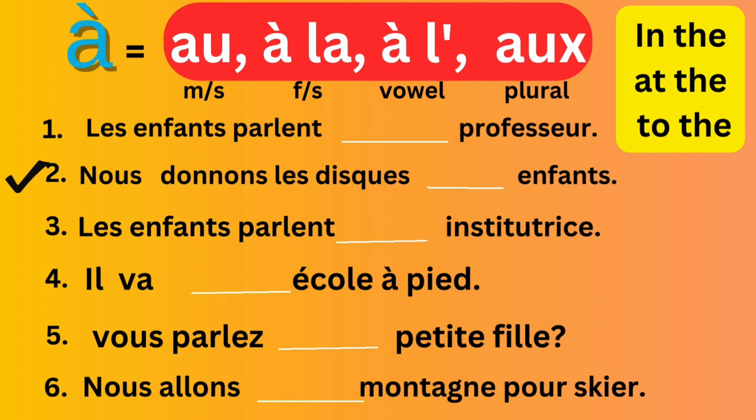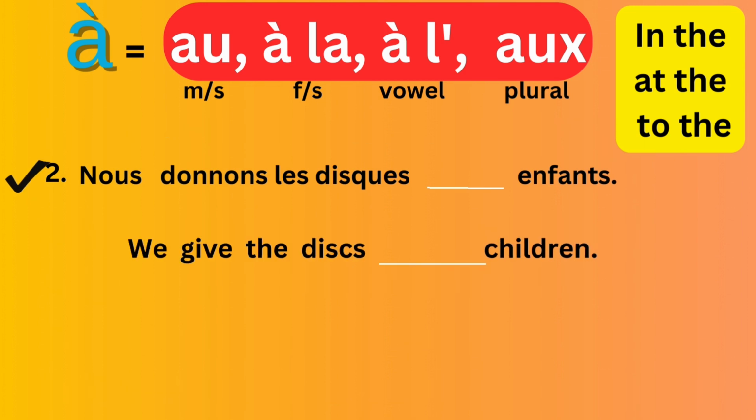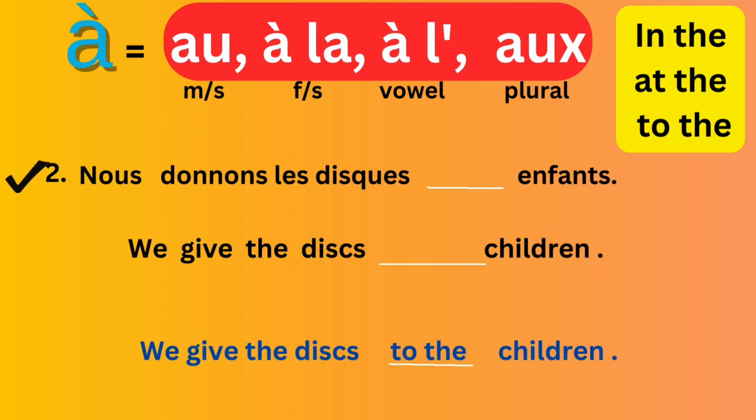Nous donnons les biscuits dash enfants. Let's translate into English. We give the disc dash children. So the meaning of the sentence is we give the disc to the children. The meaning is perfectly clear. It should be either in the, at the, or to the.